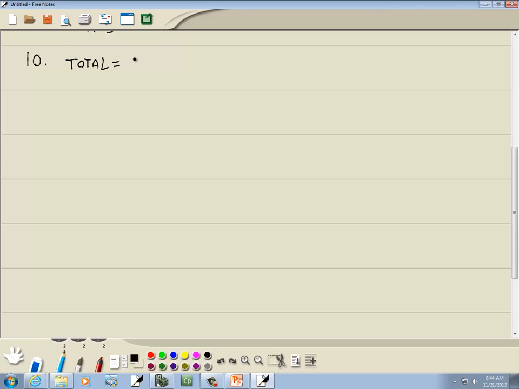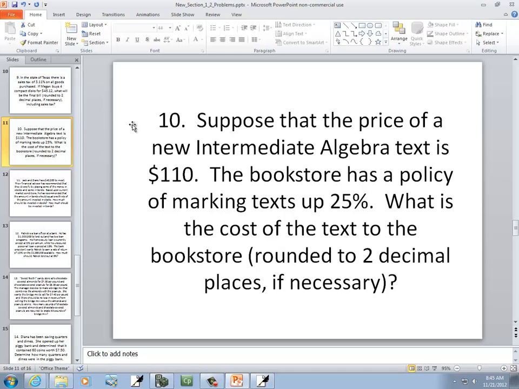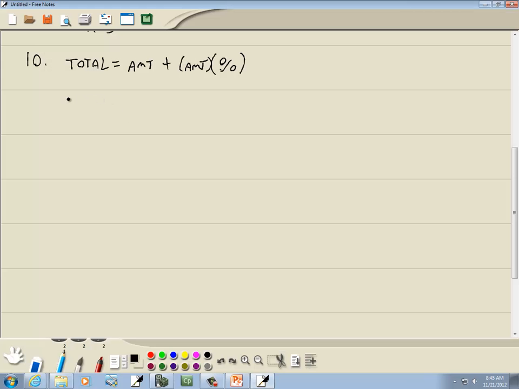So again, we've got our total is equal to our amount plus our amount times the percent. Price is this, cost, what is the cost? Okay, so we got price, the student pays, is equal to the cost the bookstore buys it for, plus cost times markup percent.